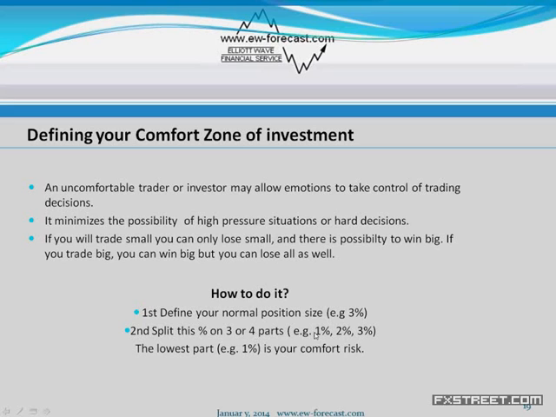Let's say smaller risk 1%, 2%, and then 3%. The lowest part, the 1% in this case, is your comfort risk. So if you are having very hard decisions about whether to enter a trade with 3%, well, guess what? Minimize this risk to 1% or even lower to 0.5%, and then I guess you will definitely minimize the pressure.